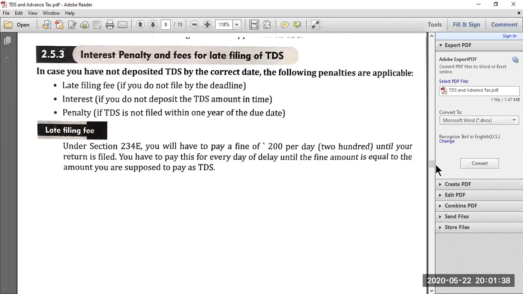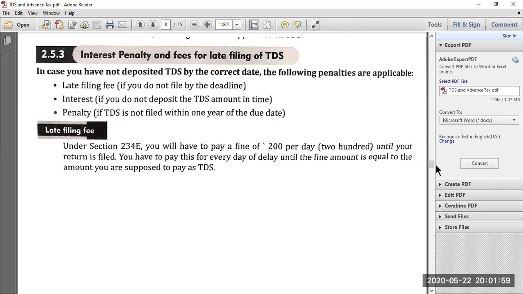So if you have deducted TDS and you are not depositing the money within the given due dates, then you have to pay an extra amount in the form of a late filing fee. Then interest should be levied if you do not deposit the TDS amount in time. So if you do not deposit the TDS amount within the specified due dates, you have to pay a certain amount of interest.